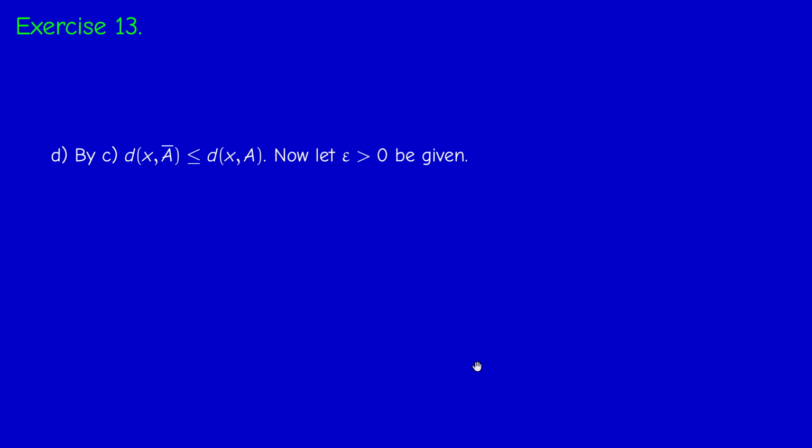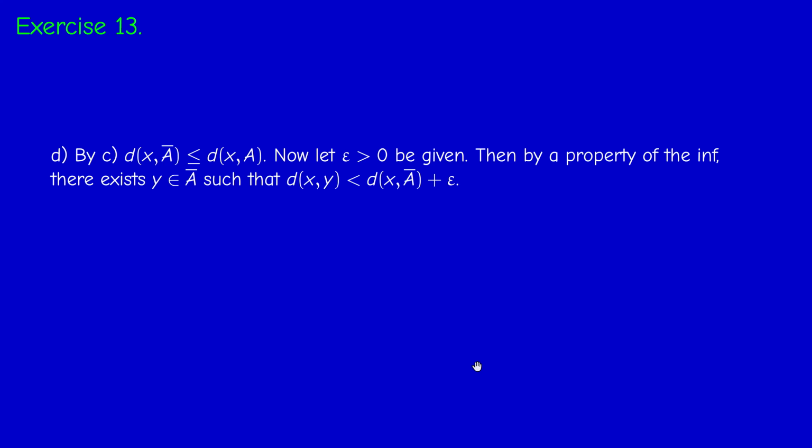We prove that d(x,A) is less than d(x, A bar) plus epsilon, or 2 epsilon, or just an arbitrary positive number. We encountered this before. So pick a positive number epsilon and use the familiar property of the infimum. The infimum plus epsilon is not a lower bound, so there exists y in A bar such that d(x,y) is less than the infimum plus epsilon.